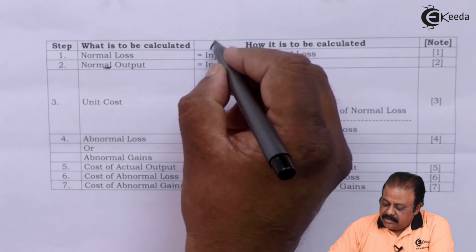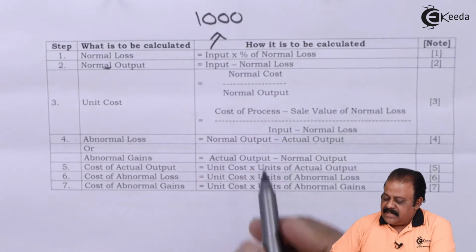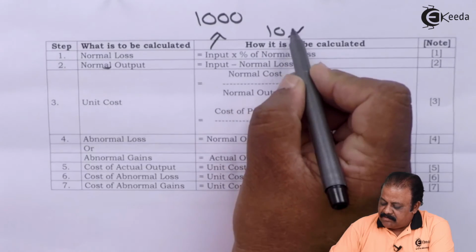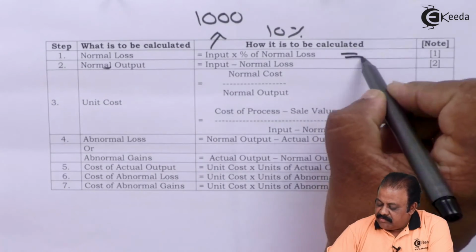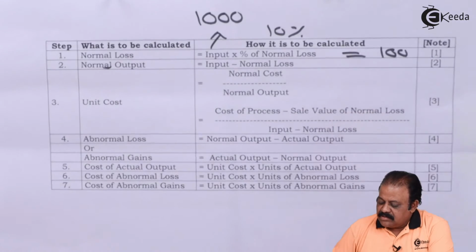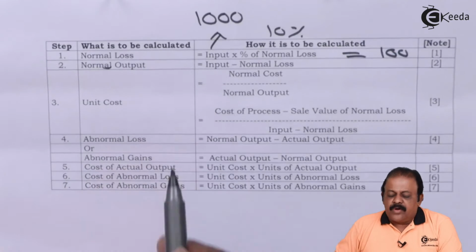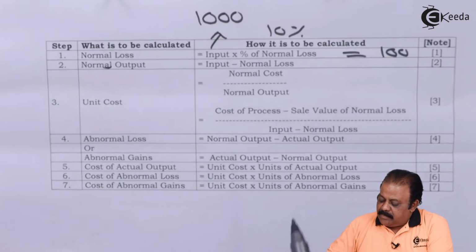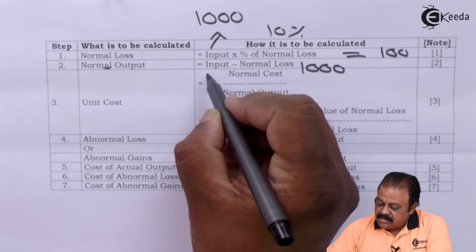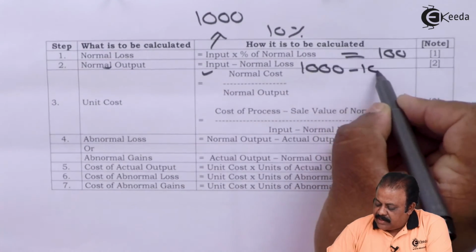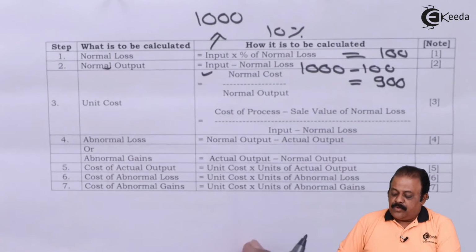For example, input is 1000 units, percentage of normal loss is 10%. So 10% of 1000, normal loss unit will be 100 units. Normal output we are required to find out. So input is 1000 units, normal loss 100 units, so 900 units will be normal output.